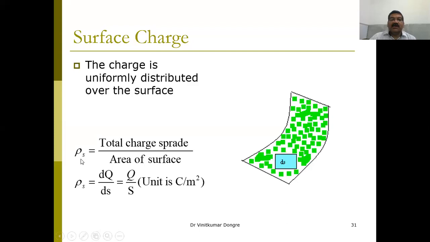What is that? Rho s. The suffix will change: previously it was rho l, now it will change to rho s. It will be the total charge spread upon the area of the surface. ds is the surface, dq is the charge spread over that particular surface. So rho s equals dq upon ds. You can say q by s, total charge upon area.